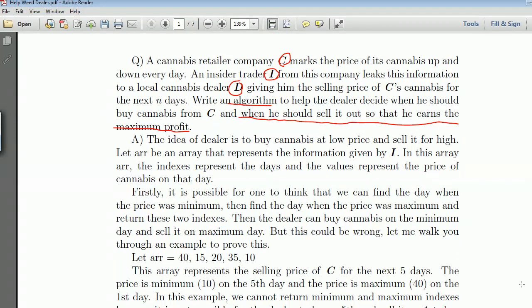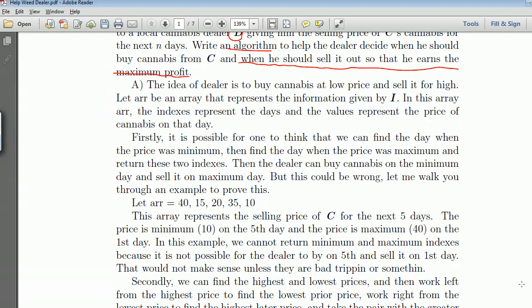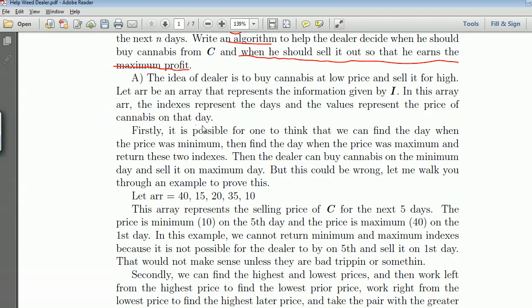So the idea of the dealer is to buy cannabis at a low price from the company and sell it for high to earn maximum profit. So initially what one can think is, let's say the price is 5, 10, 15 and 20 for the next 4 days.